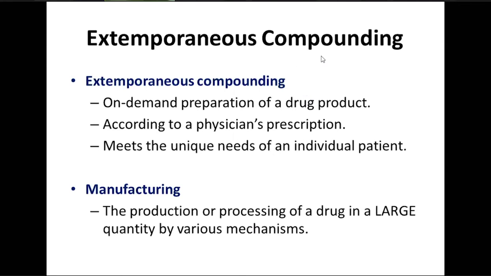So what I need is to prepare the label in advance, so that as the preparation is done, we just put the label on that preparation. So we do compounding of these products on demand because we do not have the required drug, okay?